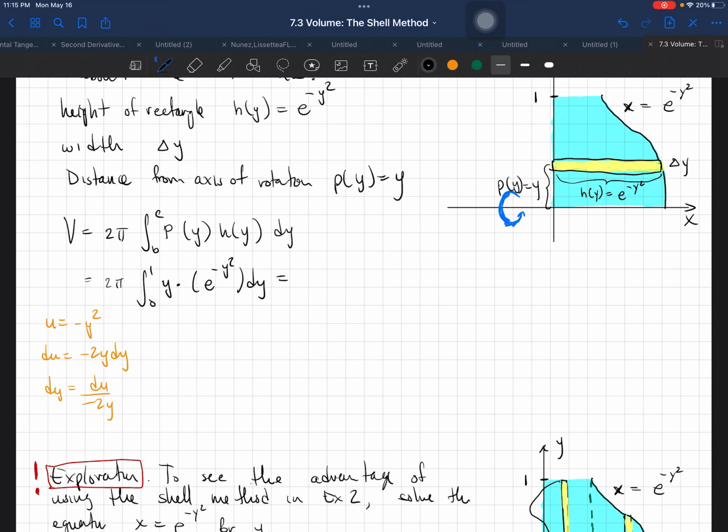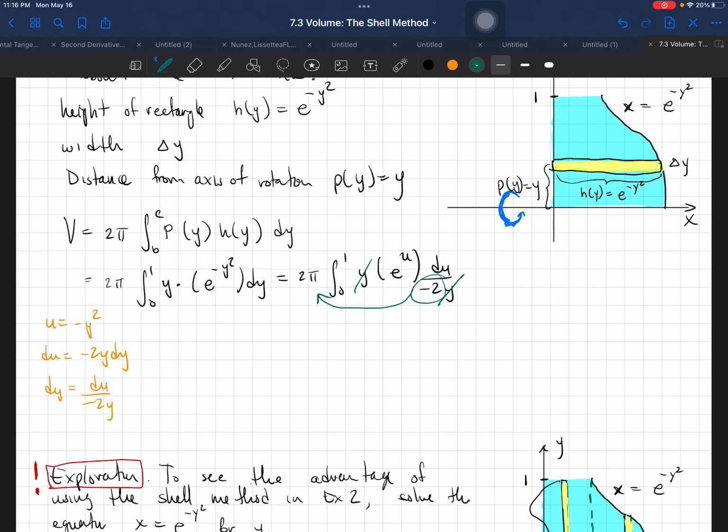So remember that that's sort of the way I approach these problems. So we replace this with u, and dy we replace with du over negative 2y. If you notice, this y and this y will cancel each other out.